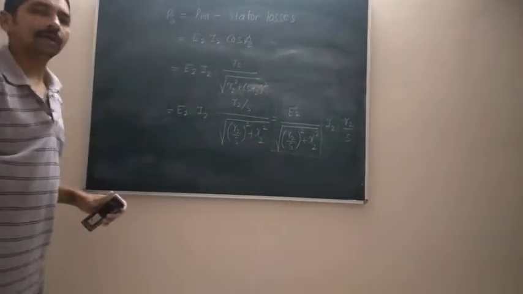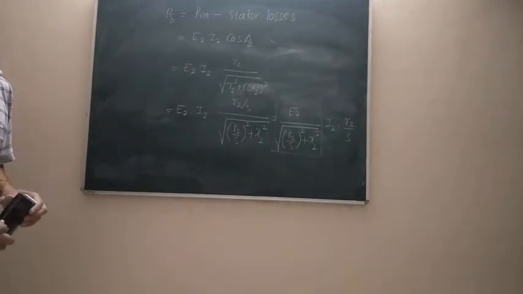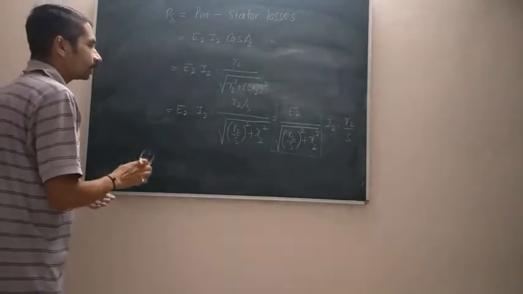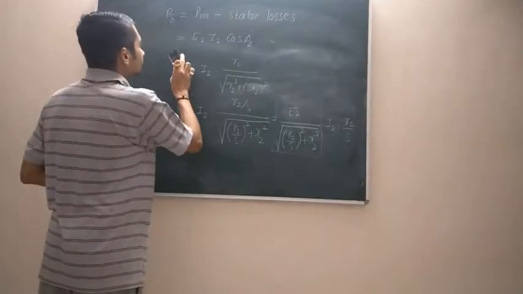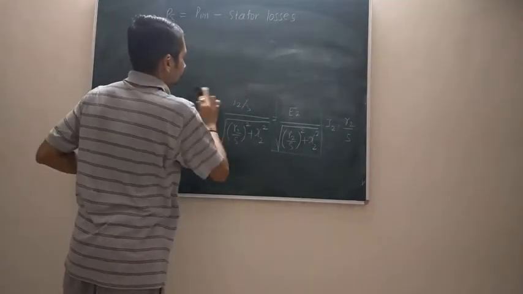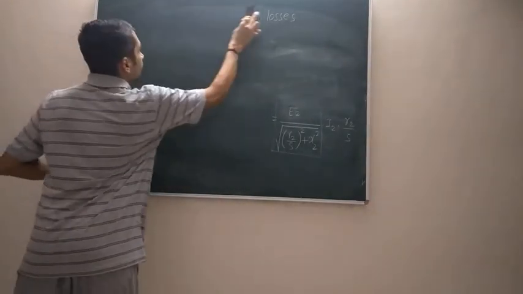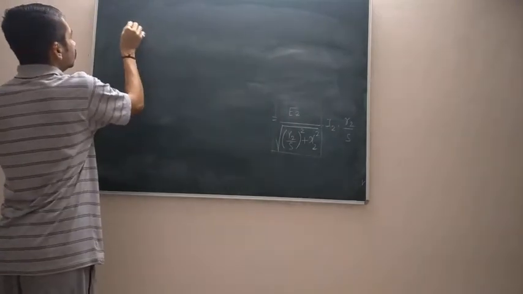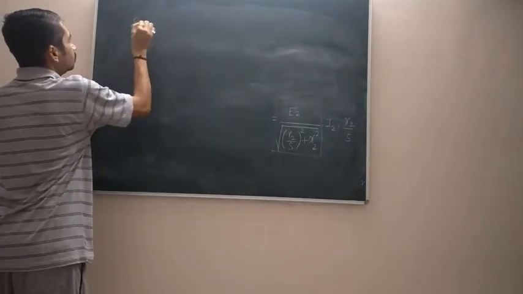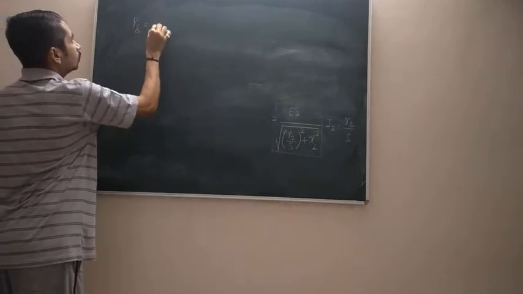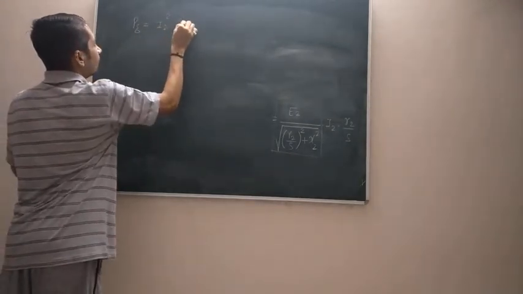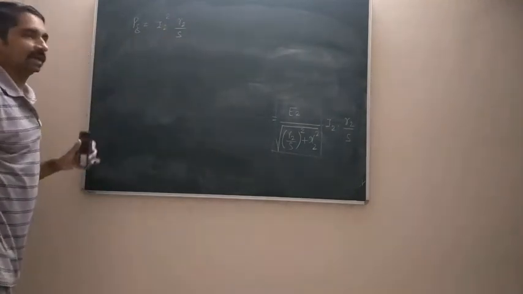This is nothing but an alternate expression for my rotor current. So I can adjust this equation further as PG is equal to I2 square R2 upon S.